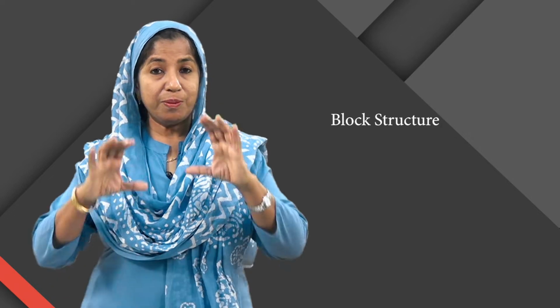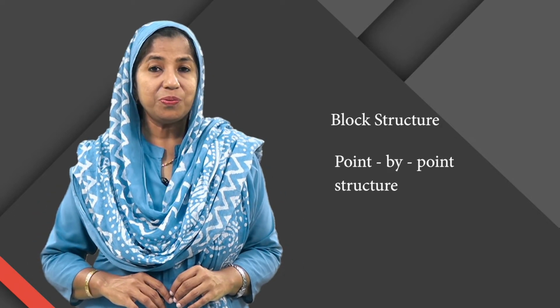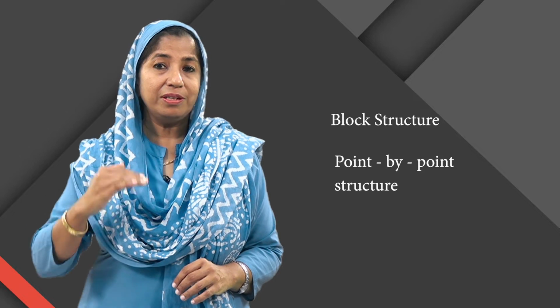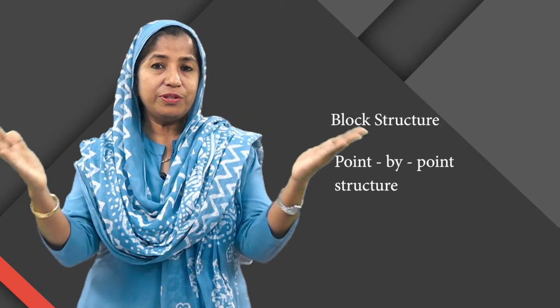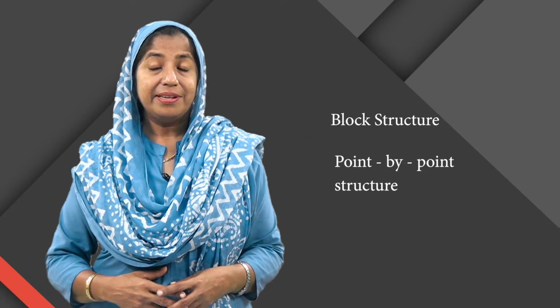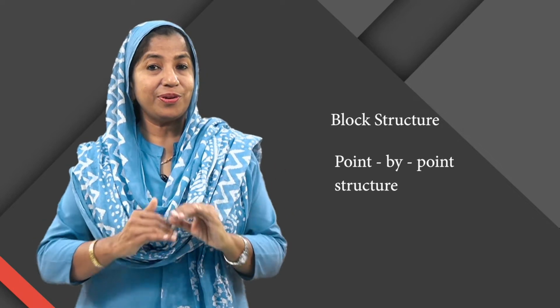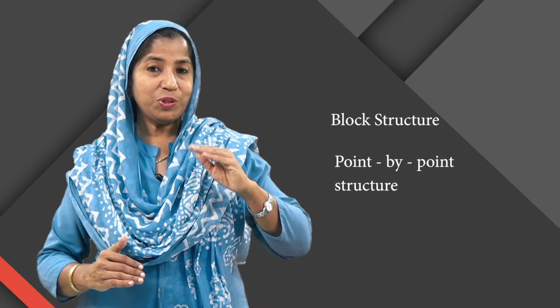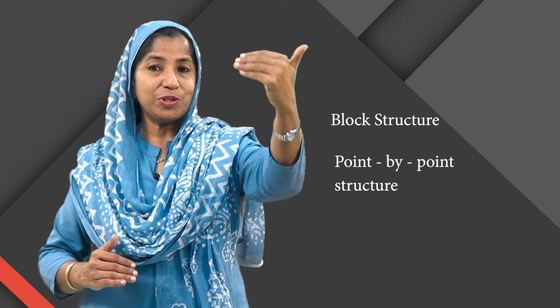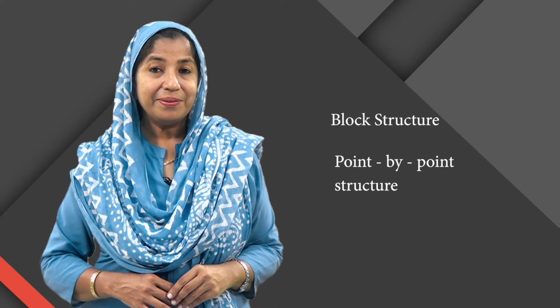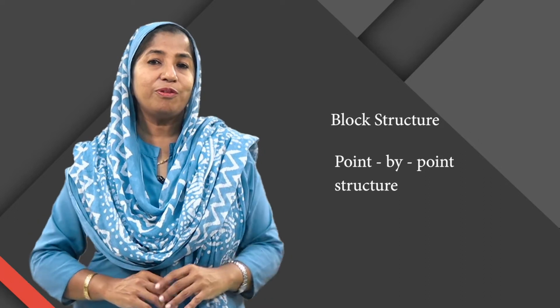One is the block structure and the second one is a point by point structure. What is the difference between these two structures? Even though all of us may be doing this or writing this on a regular basis, it has to be translated to a student's knowledge domain, which needs a little bit of planning.